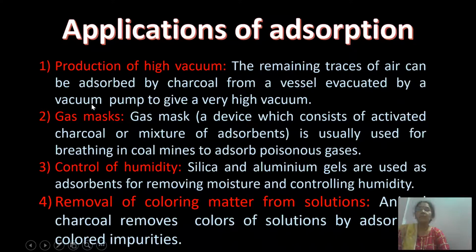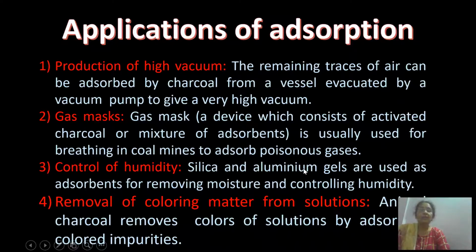Next application is the gas mask. In coal mines or industries, the workers always use a gas mask, because it contains charcoal. It adsorbs the poisonous gases. It is also used for controlling humidity.